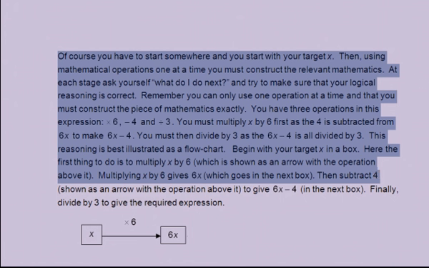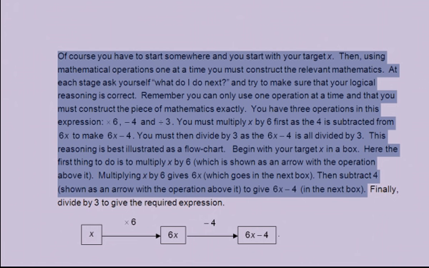Then subtract 4, shown as an arrow with the operation above it, to give 6x minus 4 in the next box. Finally, divide by 3 to give the required expression.